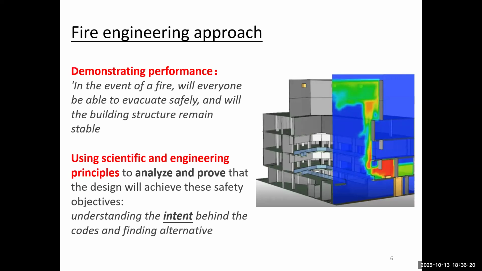This approach uses scientific and engineering principles to analyze and prove that the design will reach these safety objectives. These principles include physics, chemistry, human behavior, psychology, and even some advanced computational models. It is not about ignoring the codes, but about understanding the intent behind the codes and finding alternative, often more innovative ways to meet our fire safety requirements.